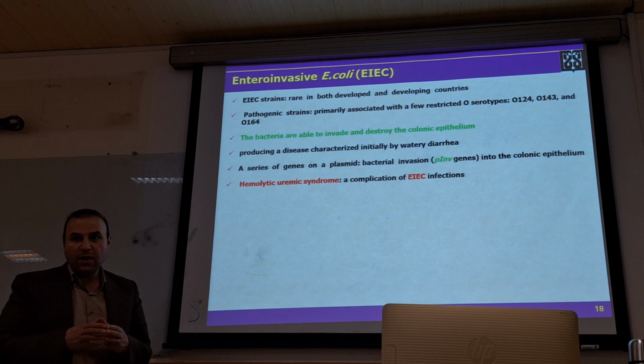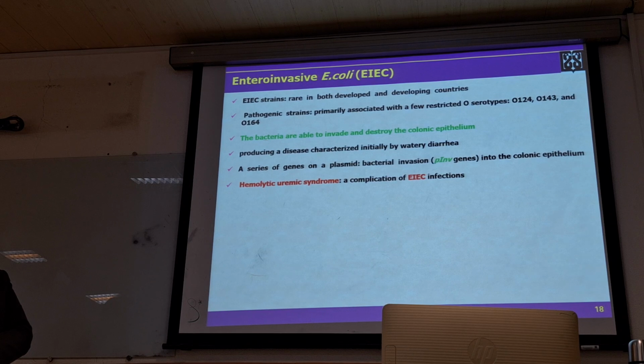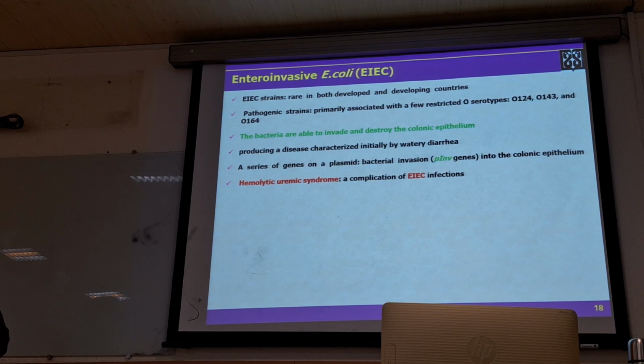EIEC. EIEC strains are rare in both developed and developing countries. Pathogenic strains are primarily related to a few restricted O serotypes, such as this serotype. EIEC strains are able to invade and destroy the colonic epithelium, producing a disease characterized by watery diarrhea.